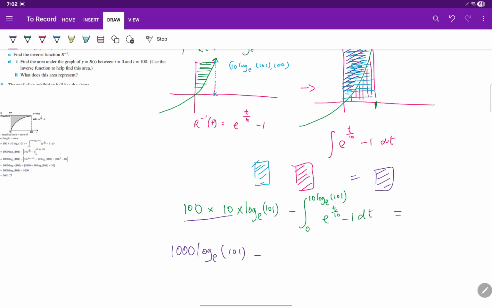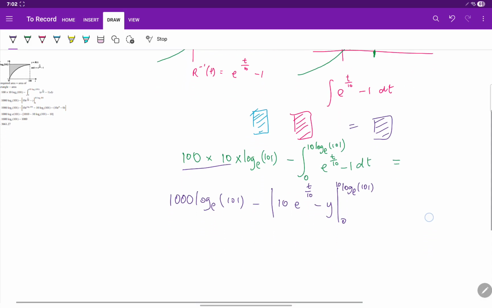You find 1 on 10, but then you bring it out the front of the e, so it's going to be 10 e to the power of t on 10. And then since negative 1 here is just by itself, it's negative t. But we're evaluating this from 0 to 10 log e 101.